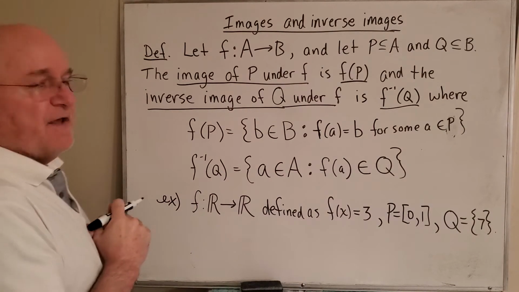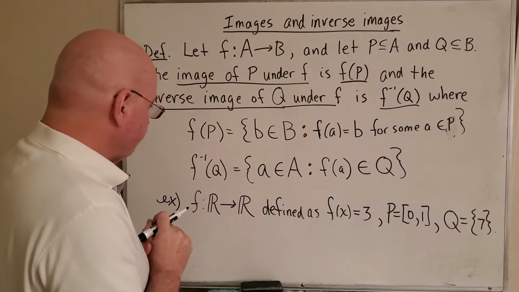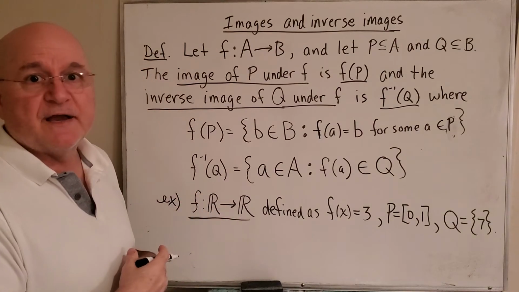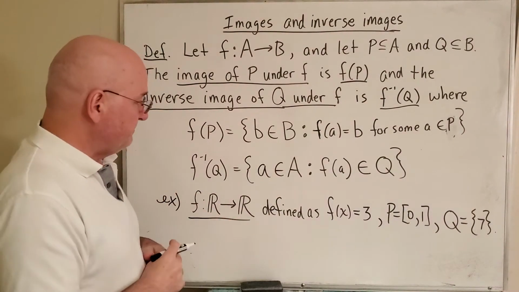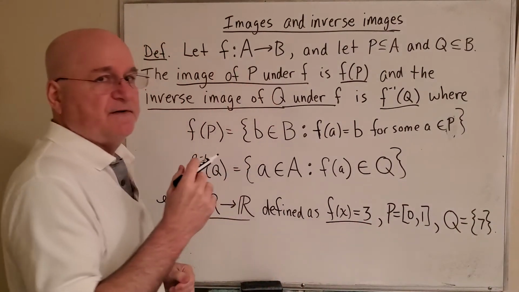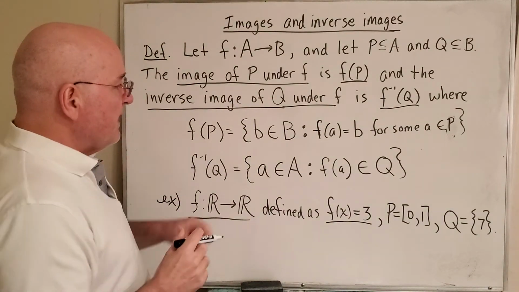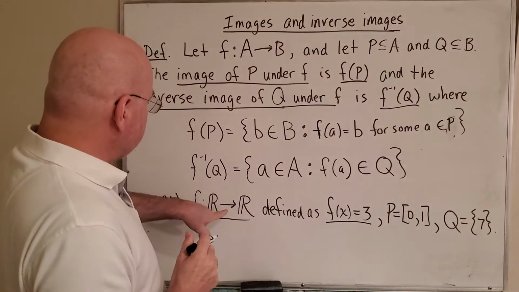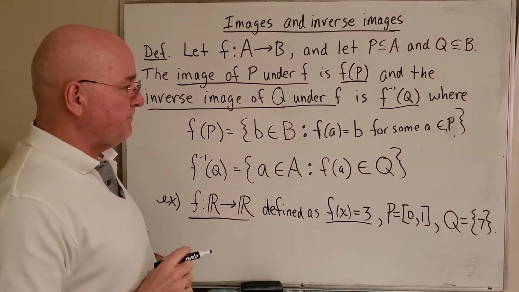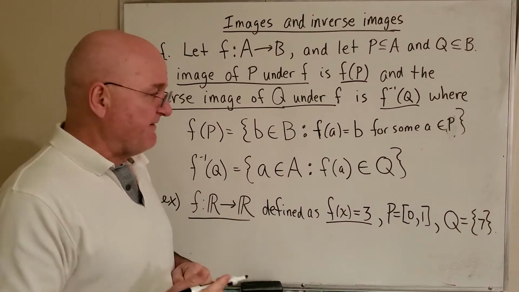Okay, let's do another fairly simple example, but there's a little twist to this one. F is the function from the real line, the real numbers, into the real numbers. Defined, and this is the definition, f of x equals 3. So I chose P, the subset of R, to be the closed interval from 0 to 1. And then Q, I just picked one single number, 7.